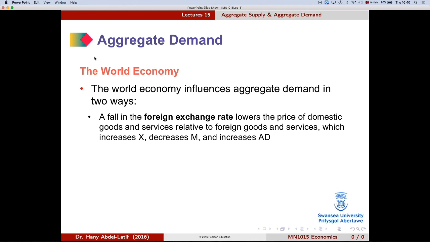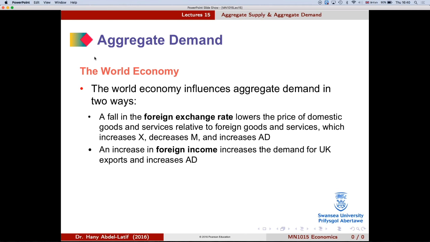So X minus M is one of the components that we have in the aggregate demand. The aggregate demand is C plus I plus G plus X minus M. So if there's a fall in the exchange rate, that will make our products cheaper than the foreign products, which means our exports will increase and imports will decrease, and this will shift the aggregate demand to the right.